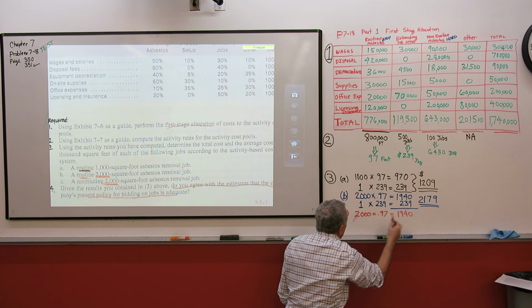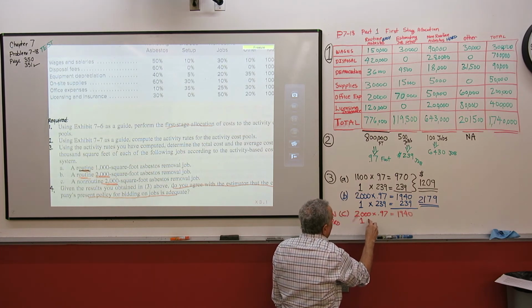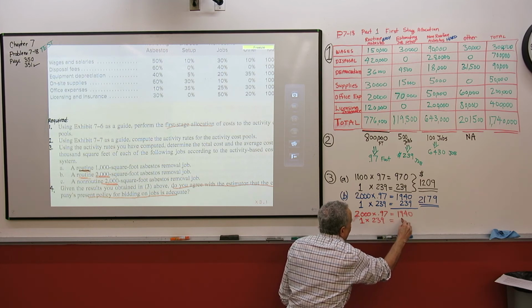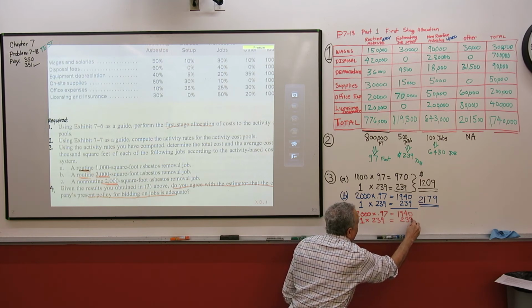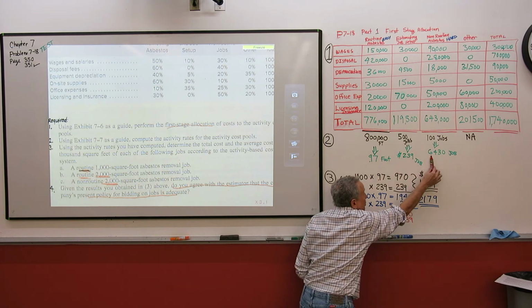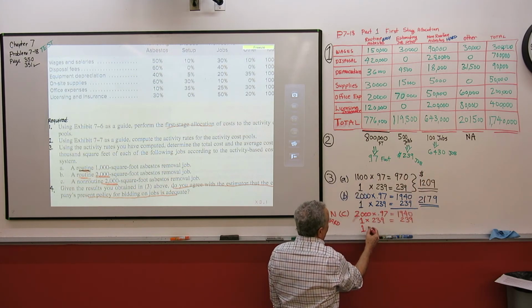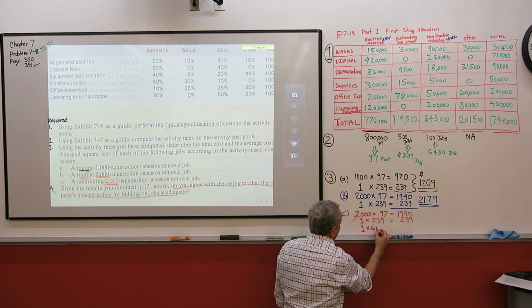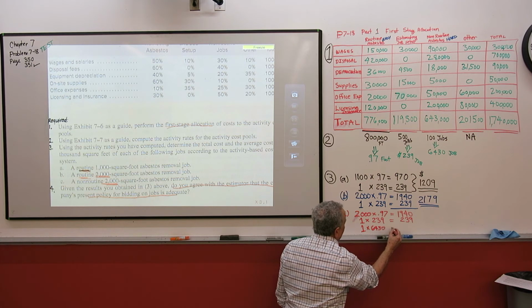It's still 1,940. Then we also have the job bid. That's 1 times $239. That's the job bid, $239. And then we have to take this. It costs us $6,430 every time we run into one of these extra hard jobs. 6,430.